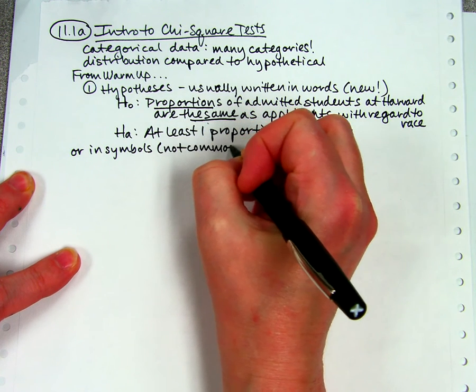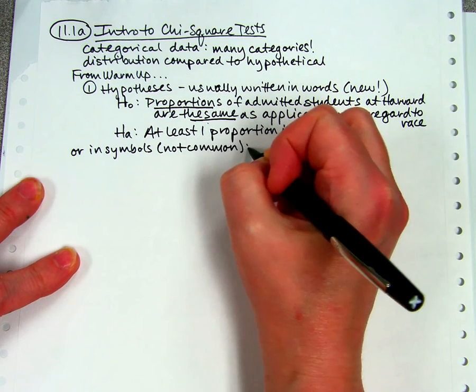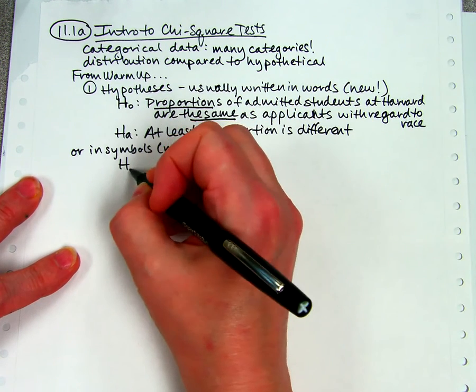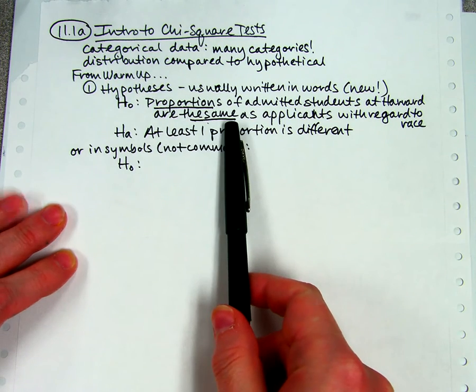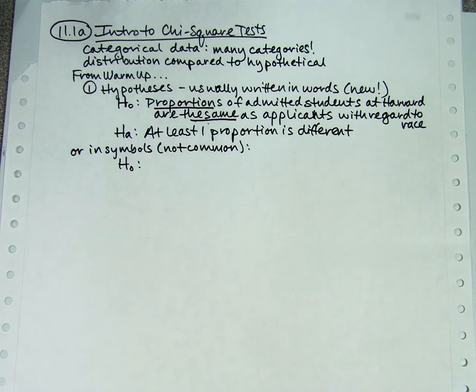And the reason I don't prefer it in symbols is I think it's harder in this unit, because if you want to do symbols, you have to do all of the proportions in your null hypothesis. And so I'm going to look them up because I want to make sure I've got it right. Oh, hang on, I don't actually have it right.